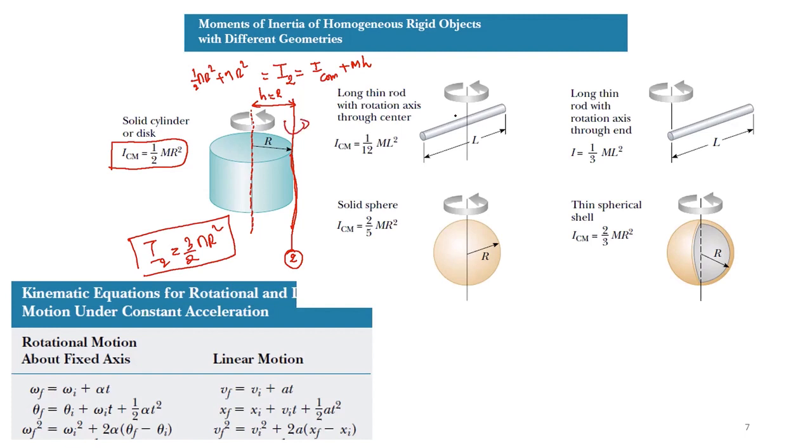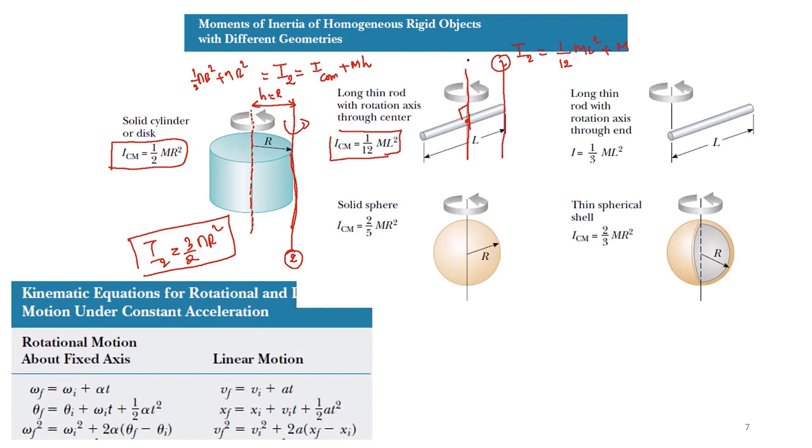Now a rod. If I have a uniform rod, the center of mass is right in the middle here, and my axis of rotation is passing through the center of mass perpendicular to the rod. The moment of inertia is 1/12 of ml squared. Now, if I shift my axis from here to the end of the rod, this is my new axis, I will apply the parallel axis theorem. So the new moment of inertia is the old moment of inertia around the center of mass, 1/12 of ml squared, plus mh squared.